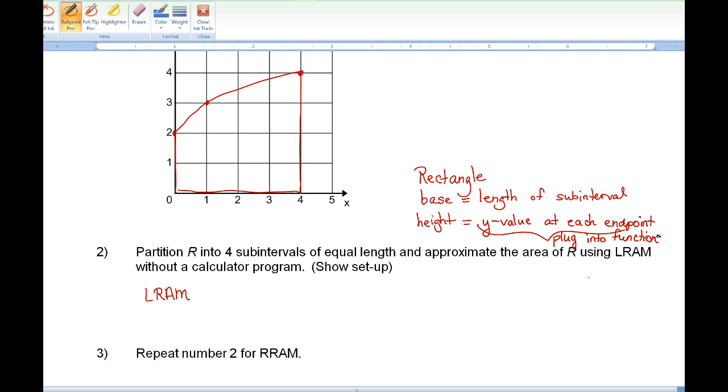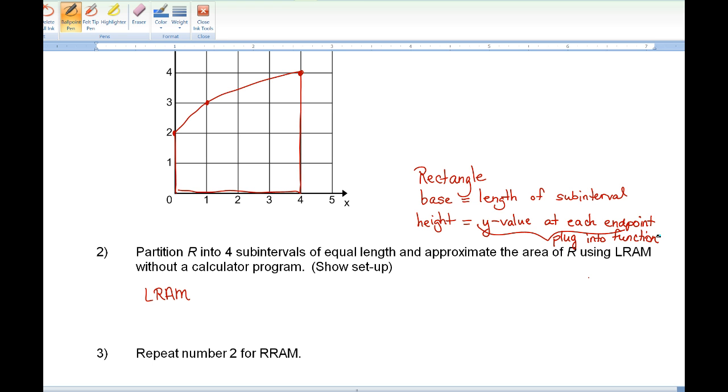With some of these, it's really easy to tell just by looking at the graph, but sometimes it's going to be a decimal, like when we have to plug in square root of 3, you'll see. RRAM uses the second. So LRAM starts at 0, and we end up using all the endpoints except for the 4.